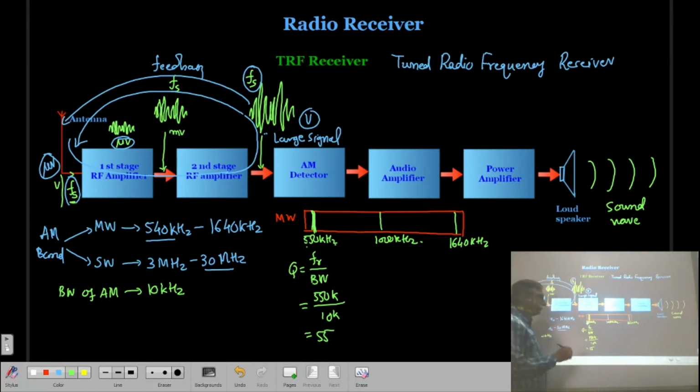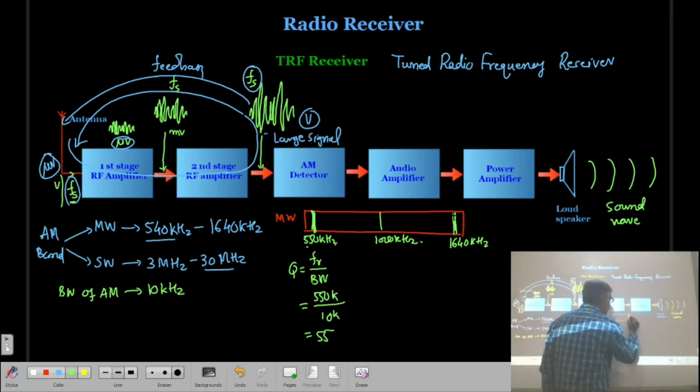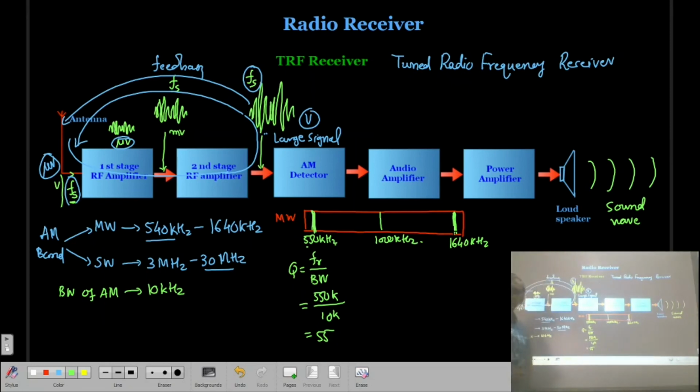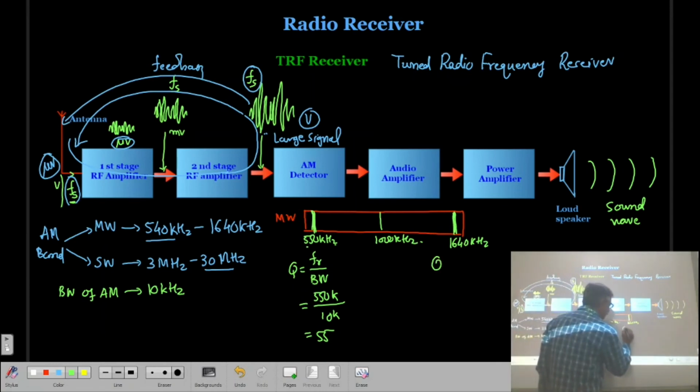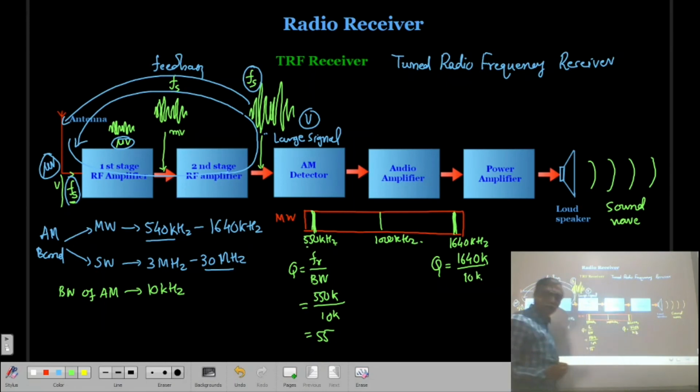Now, if I tune, by changing the value of the capacitor, to 1640 kilohertz and calculate the quality factor, the quality factor comes out to be 1640 kilohertz divided by 10 kilohertz, because the bandwidth is 10 kilohertz.